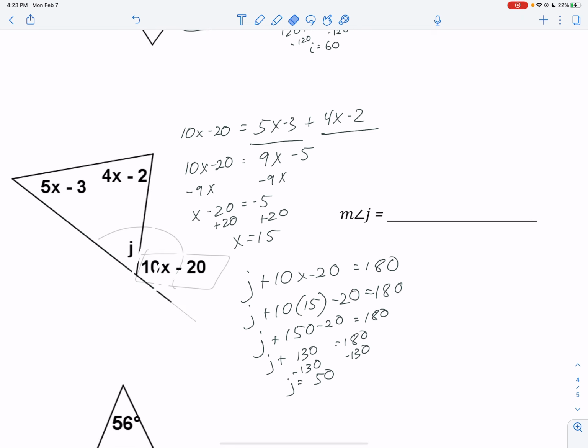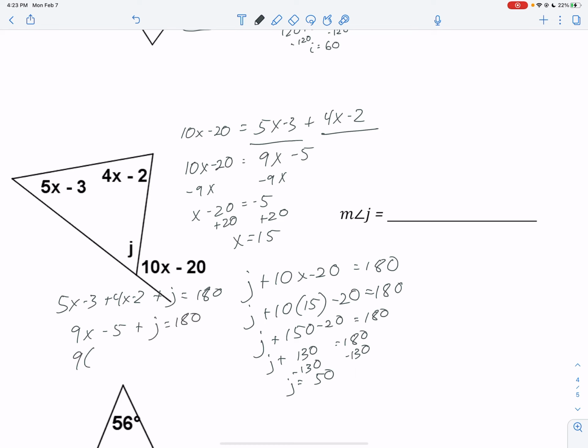But wait, Mr. X, what if I had instead done all of these angles add up together? Well, 5x minus 3 plus 4x minus 2 plus j equals 180. And then I can simplify a little bit. 9x minus 5 plus j equals 180.